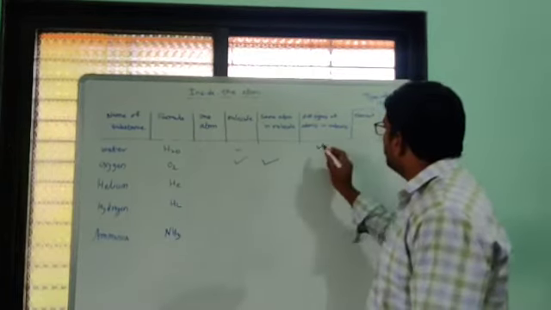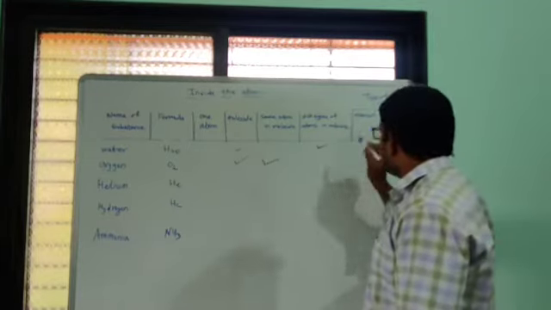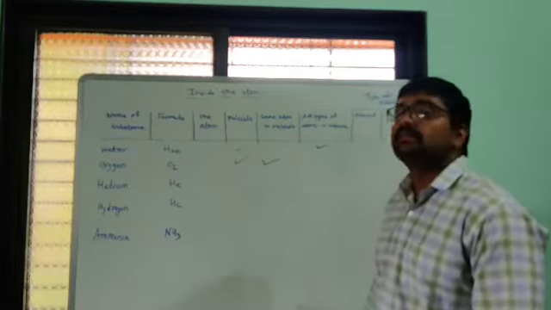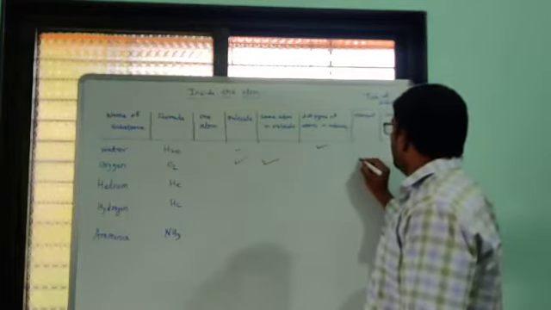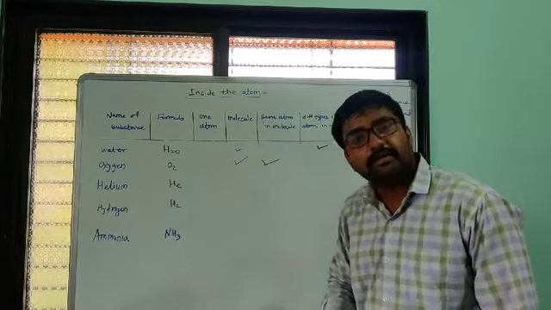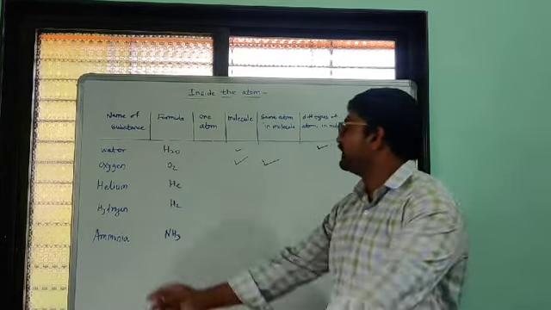And different types, no, we can't tick here. And I told you, if the same types of atoms are present, then such substances are called an element. So oxygen is an element, because the same types of atoms are given there.